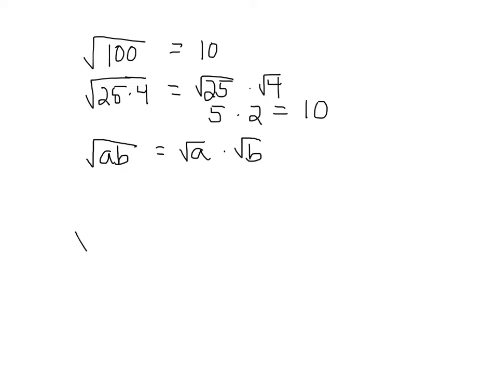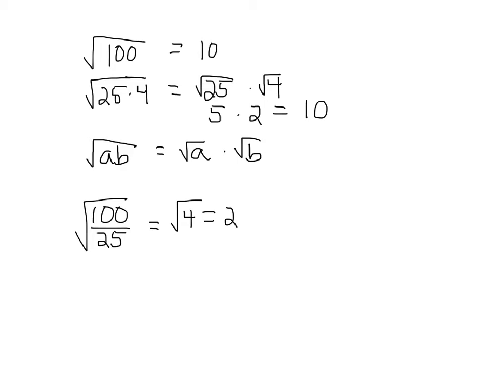Similarly, if I want to know what the square root of 100 divided by 25 is, I could think of that as 100 divided by 25 is 4, and the square root of 4 is 2.